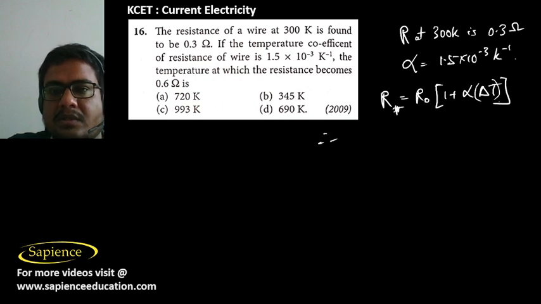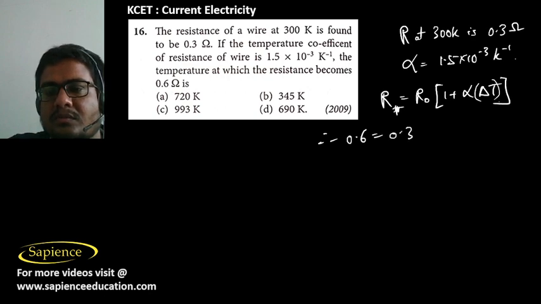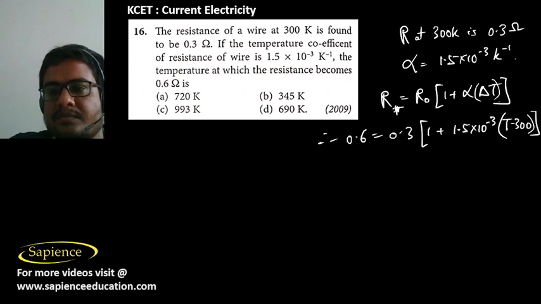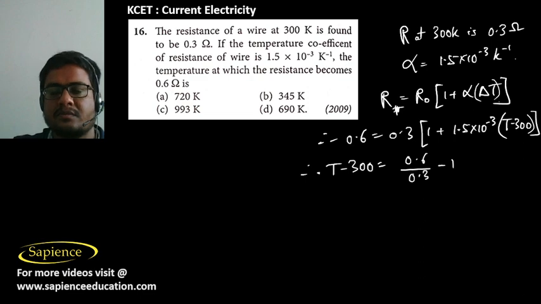So therefore the new resistance is 0.6 ohm, that is equal to R naught, at 300 Kelvin, that is 0.3 ohm, into 1 plus 1.5 into 10 power minus 3 into T minus 300 Kelvin. Now therefore T minus 300 will be equal to 0.6 by 0.3 minus 1.